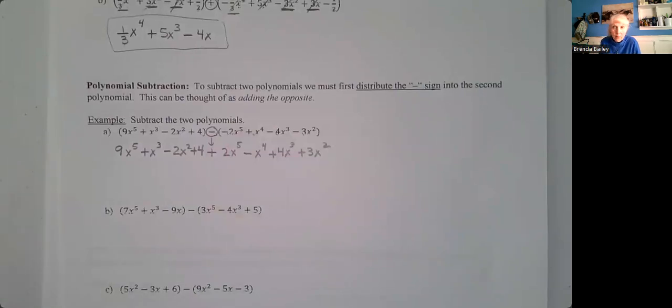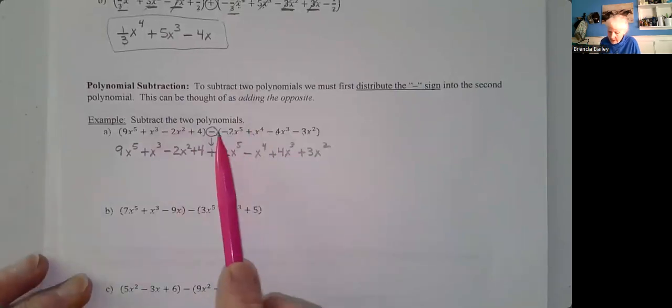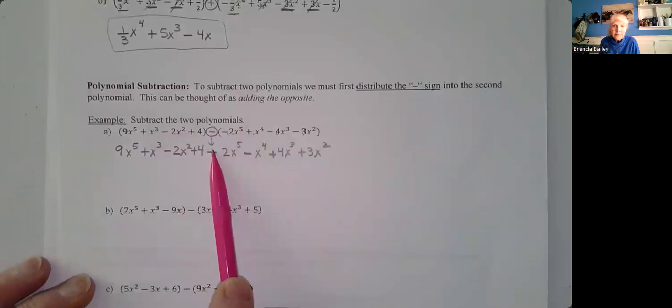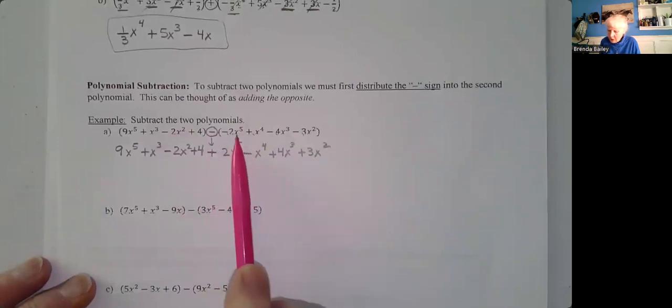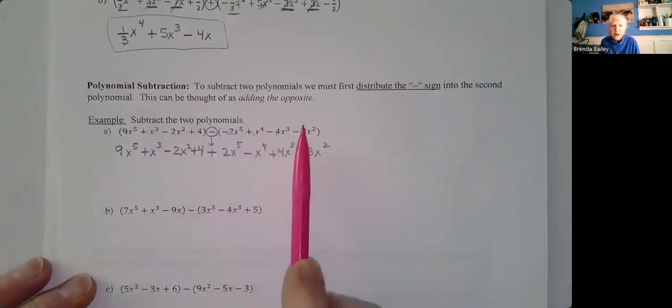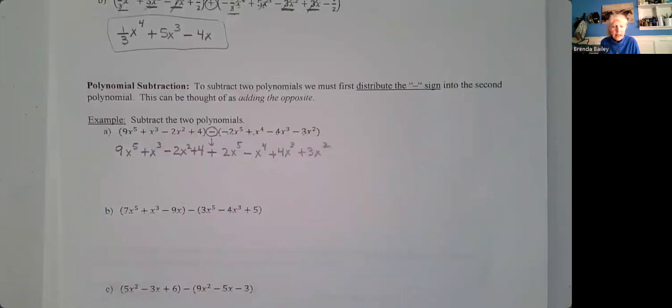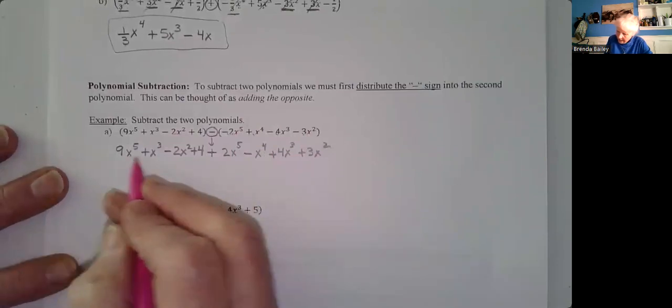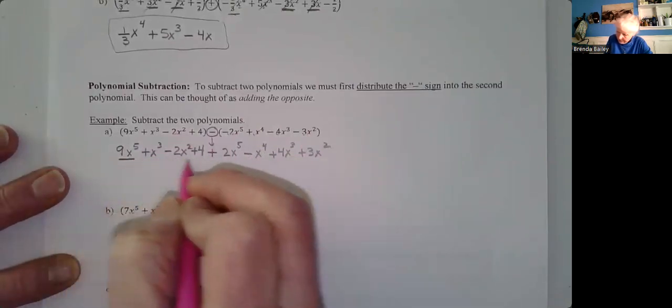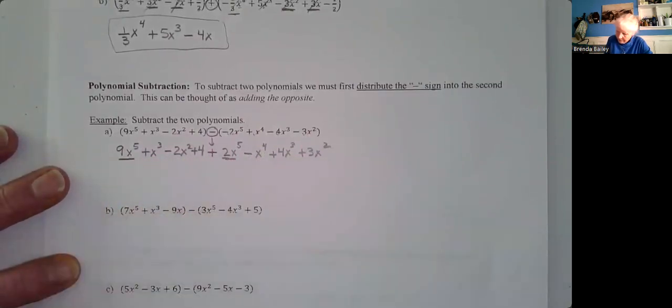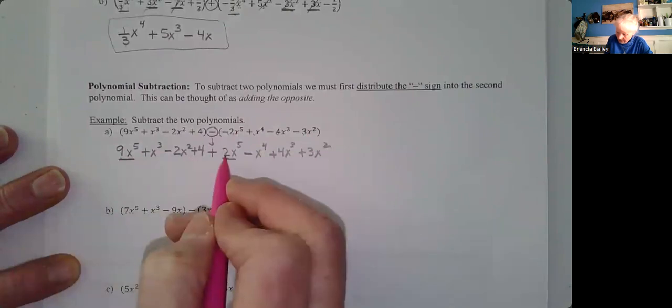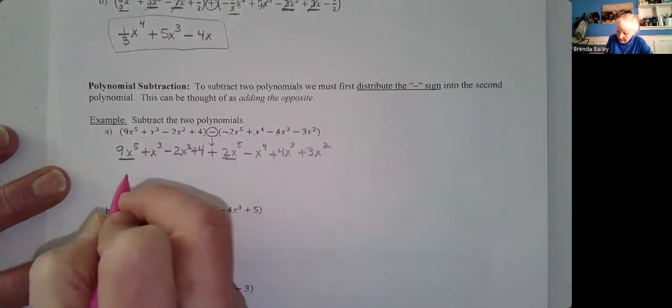It just becomes a positive. You do need to do that. You change all of the signs in the following parentheses, and now you combine like terms. Our highest power is x to the fifth. We have these two here. 9 and positive 2 is 11x to the fifth.